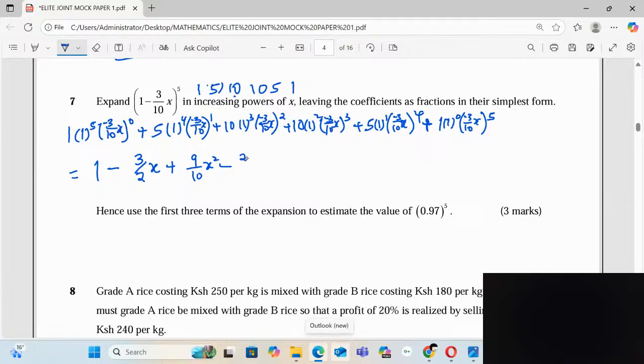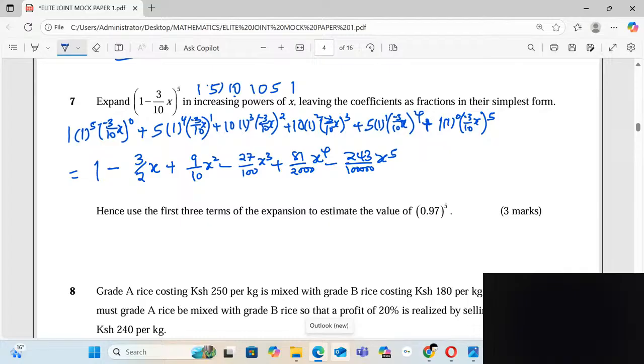Then we'll have 27 over 100 x cubed. Then next sign is positive, plus 81 over, that is 2000, then x power 4, then minus 243 over, that is 100,000, then x power 5.